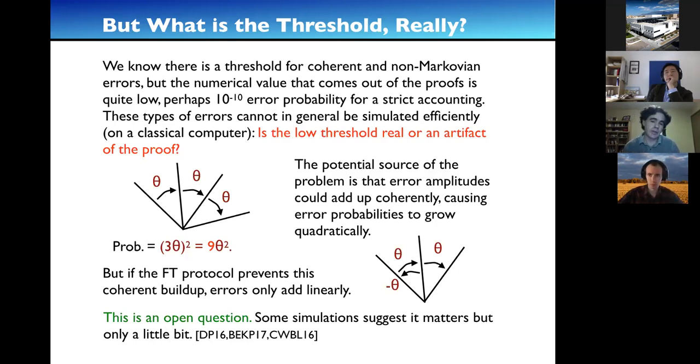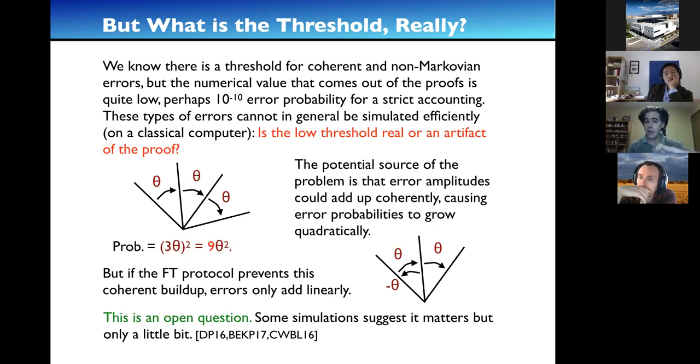The reality is that the fault-tolerant protocol, first of all, in order to get this, you need to be doing the rotation the same way every time, right? So if sometimes you're rotating this way and sometimes you're rotating back the other way, then you get a random walk, right? And instead of after n steps, you've only got an angle of square root of n times theta.